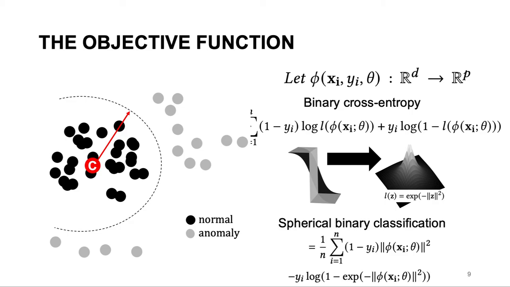Therefore, if we just use this new kernel L, which is the exponential of minus z squared, in the binary cross entropy, we obtain a new spherical binary classification objective. And this classification objective really does what we want to do. For the normal points, it basically says, optimize them to be closer to the center of a sphere, where the center has coordinates 0, 0, 0 in a hyperspace, and throw all the anomalies around. So I don't care about the anomalies, but I care that my normal data stays at the very center.